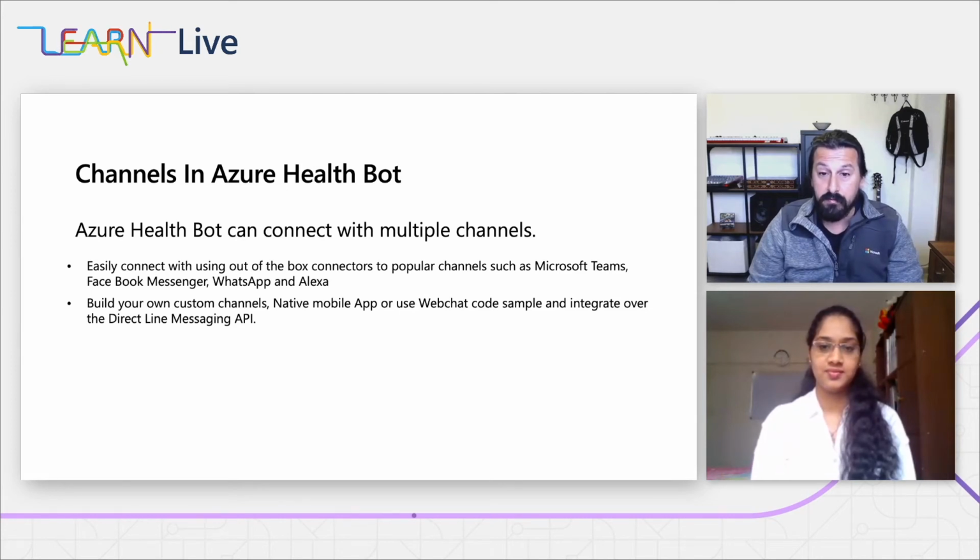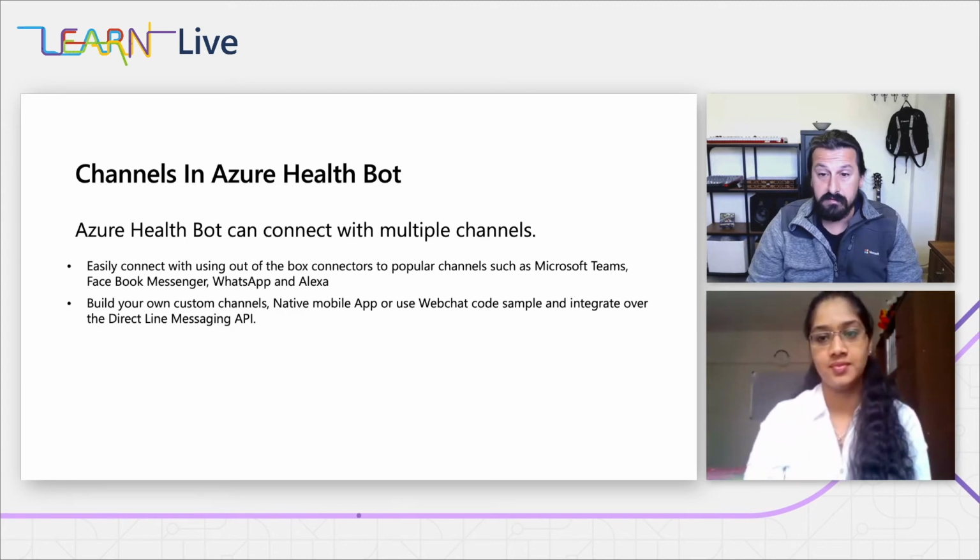The other way is you can also build your own custom channels or your own native mobile app or a web chat, for example, and you can then integrate with your HealthBot over the Direct Line messaging API. When it comes to the web chat option, Microsoft also provides code samples so that it can be very easy to set up some of these options.